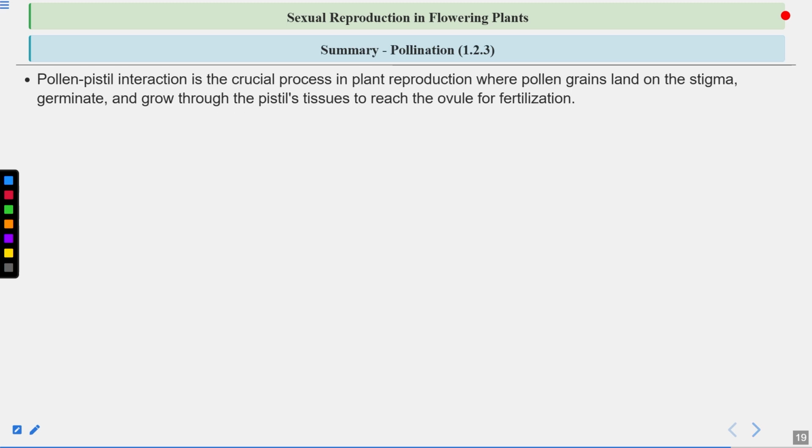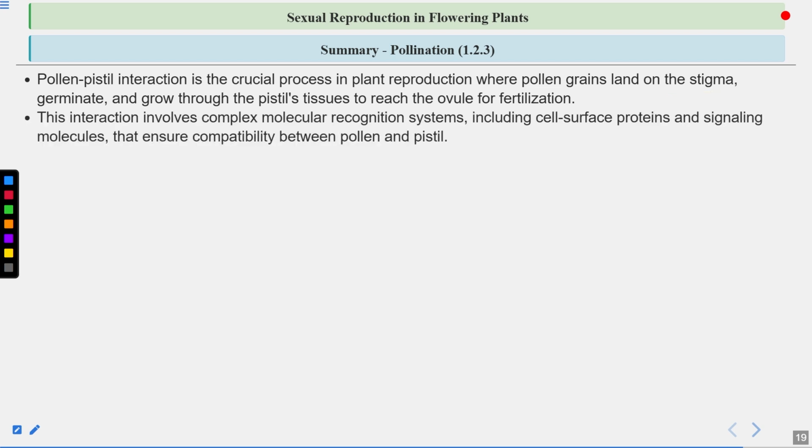So now we will summarize today's session. Pollen-pistil interaction is a crucial process in plant reproduction. The pollen grains land on the stigma, germinate there, and grow through the pistil's tissue to reach the ovule for the process of fertilization.